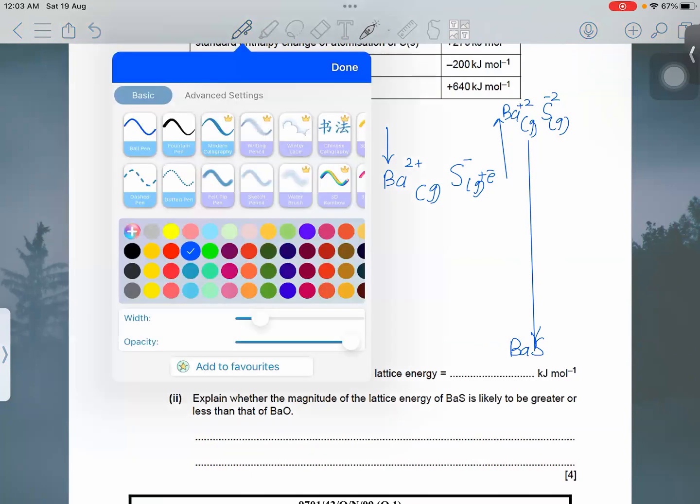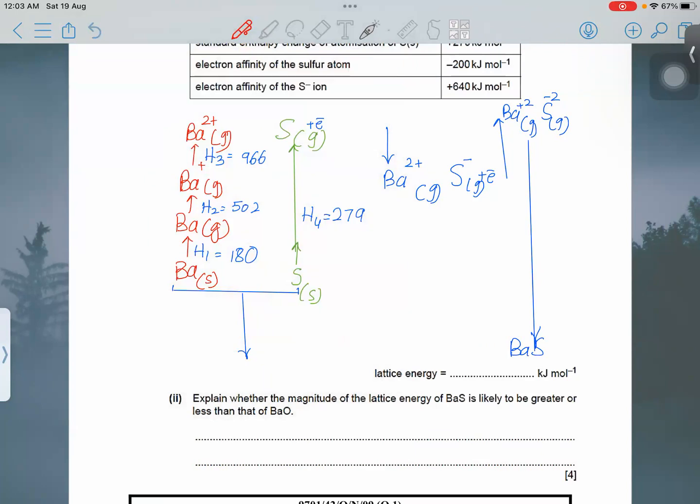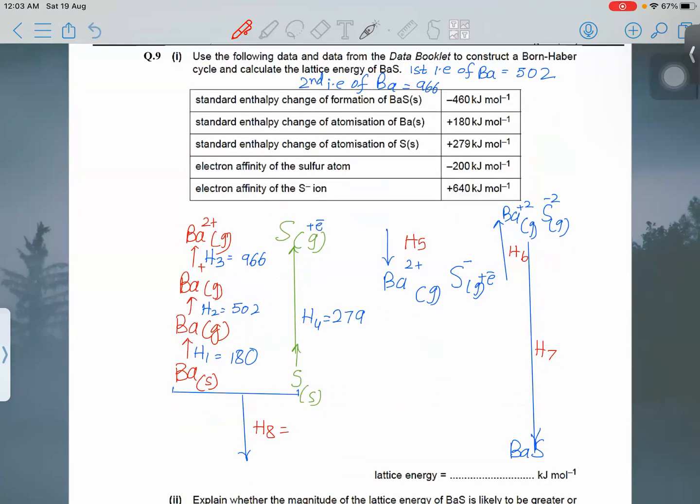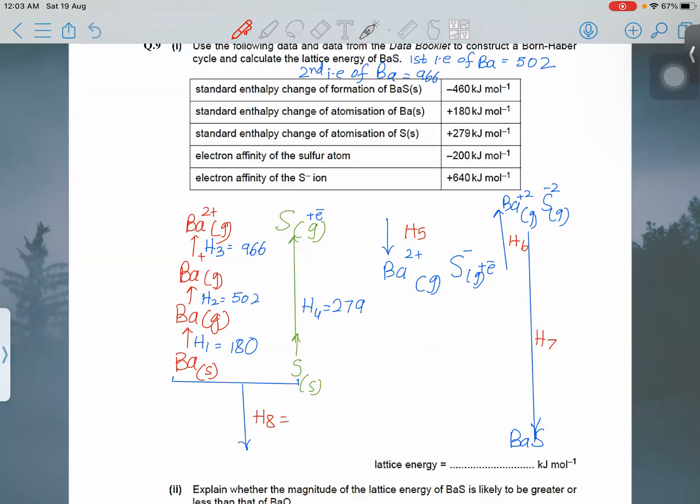This is H1, H2, H3, H4, H5, H6, H7, H8. What is the value of H8? Sir, can you scroll up? It's minus 460.